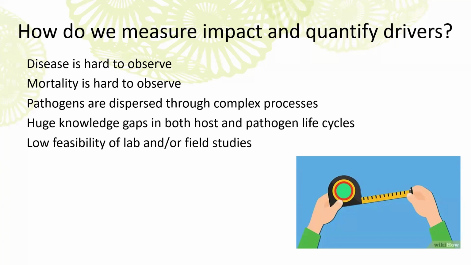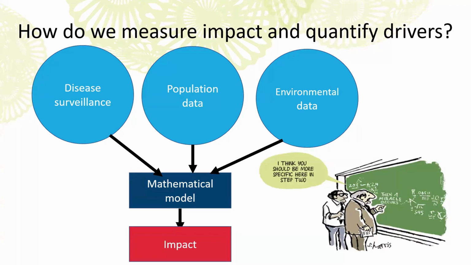So I'm giving you all the reasons why this is hard to do, but it doesn't mean it's impossible. The method that I am really excited about is working with the fisheries managers to use the population data they're already collecting to understand population dynamics, combine that with disease surveillance data, which can tell us the proportion of infected individuals over time and potentially other information like how severe the disease is within an individual, and then environmental data.